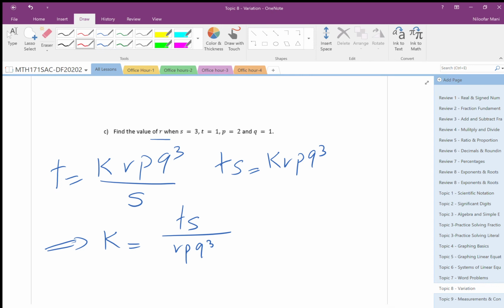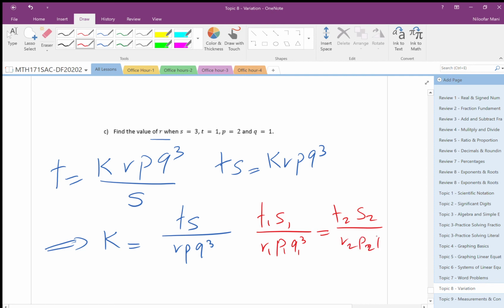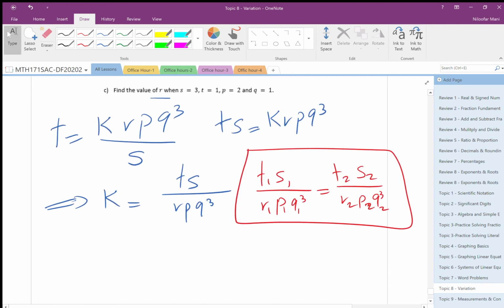Now I can write the formula T1 S1 over R1 P1 Q1³ equals T2 S2 over R2 P2 Q2³. That's for the two situations. So now, for example, I can use it to find the value of R when this.